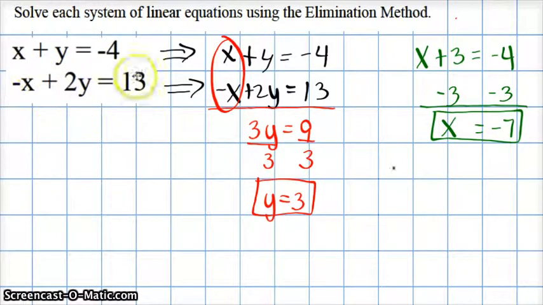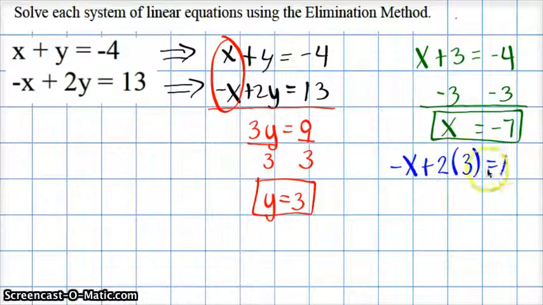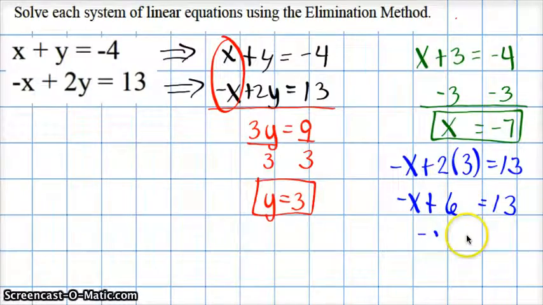Using the second equation, we once again substitute in place of our variable y, and it's really important to use the other equation because we want our x values to agree when we solve for them. In this case, we get the opposite of x plus 6 equals 13.